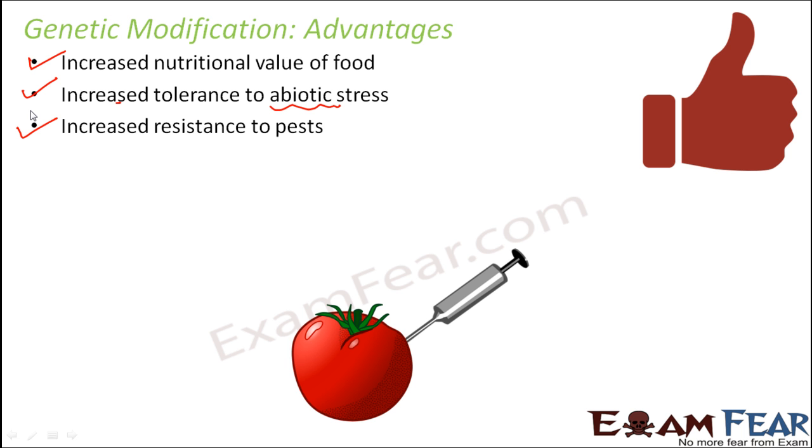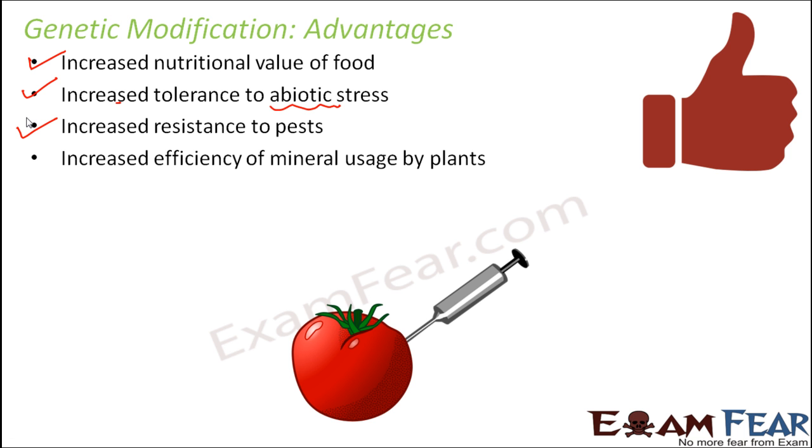Now when a particular plant is resistant to pests, what happens? Firstly, the plant is not damaged by the pests. Secondly, the quality of the plant is maintained because now you do not have any contamination with the plant, and also the taste is improved. So these are some of the advantages of its high resistance to pests.